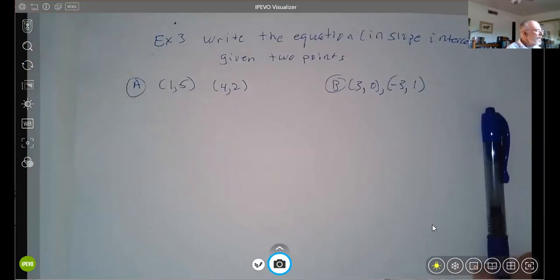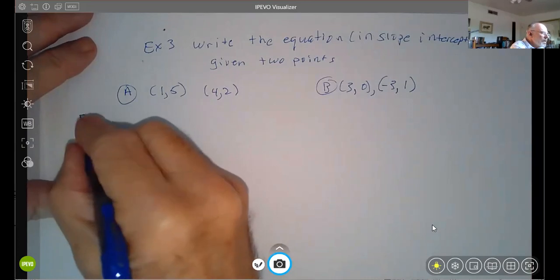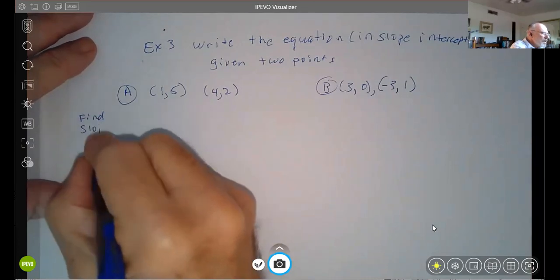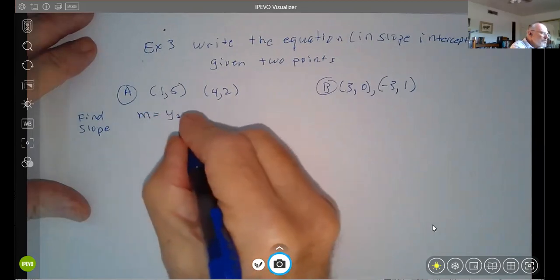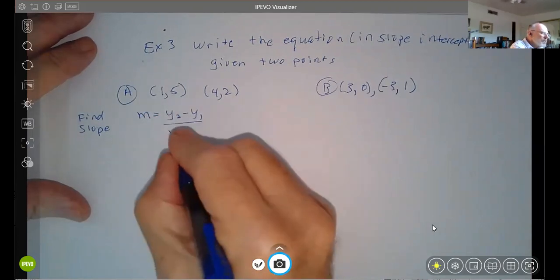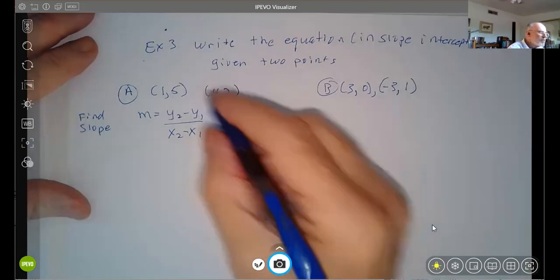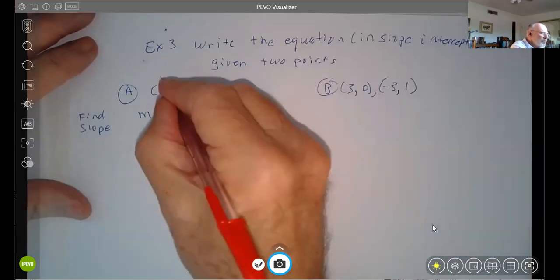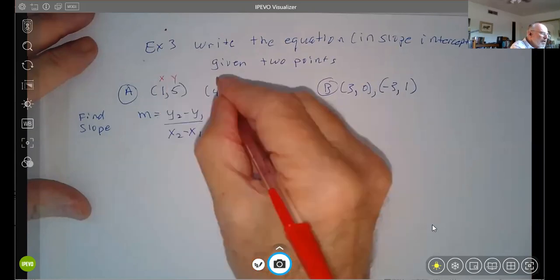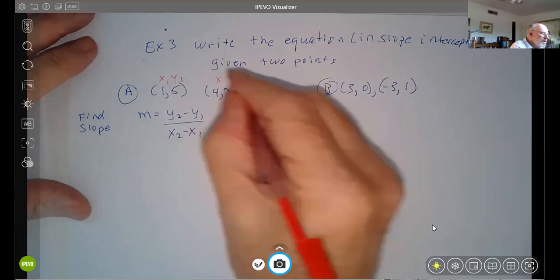Here's the problem. And so we're going to start out by finding the slope. So the slope formula is m equals y2 minus y1 over x2 minus x1. And in this case, since we have 2 points and there are x, y coordinates in each point, I'm going to name the first point x1, y1 and the second x2, y2.